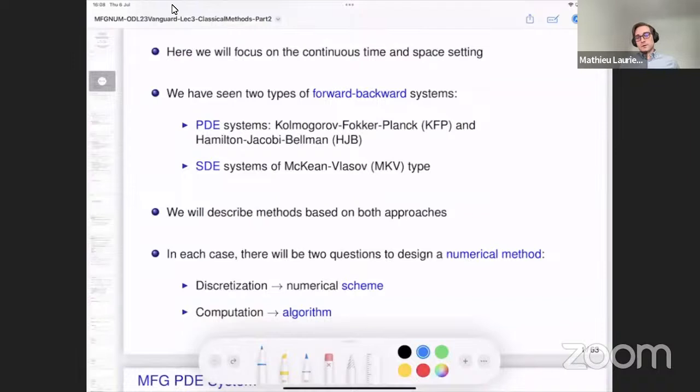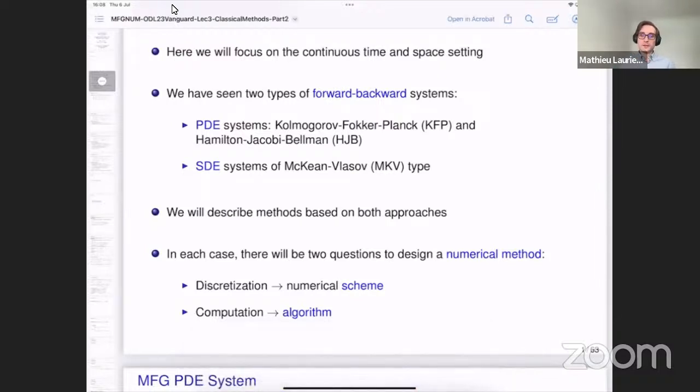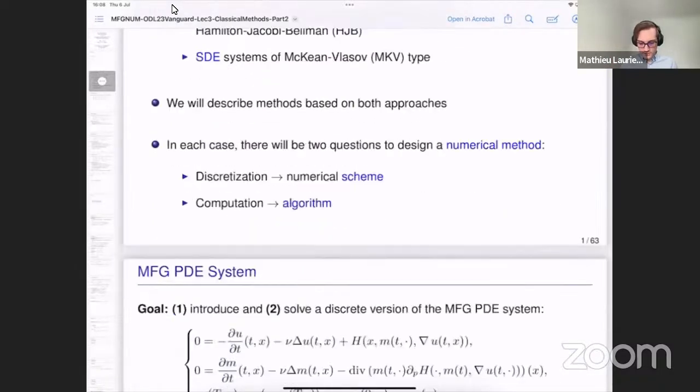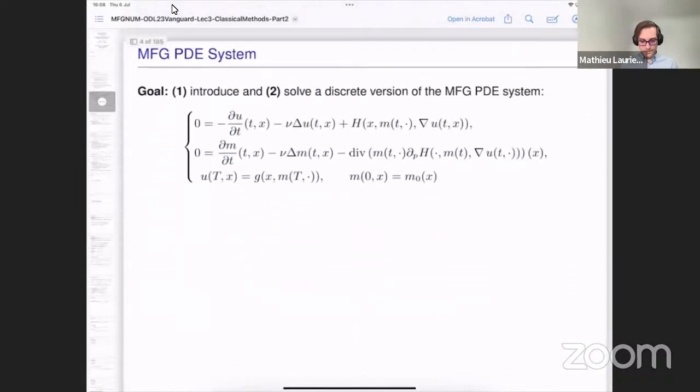And the second ingredient is a way to compute the solution to the discrete problem after we have discretized or approximated using some finite dimensional object. So I will distinguish the numerical scheme itself and the algorithm, and possibly for one numerical scheme, you can have multiple algorithms to solve the discrete systems that you obtain. I will focus on some methods, but you could explore other methods.